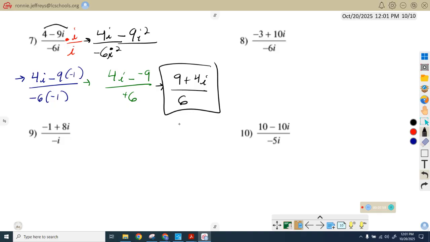We have to write it with this as our real number and this as our imaginary. That has to be in that form. Again, it's just craziness. And then number 9.